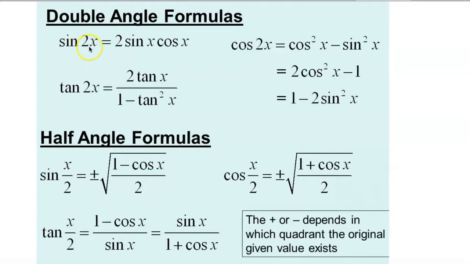Well, if a and b are the same value, if they're both x, then sine of x plus x is sine x cos x plus cos x sine x, which simplifies to here. So all I'm doing to derive these formulas is to replace a and b in the sine sum, cosine sum, and tangent sum formulas with x. Okay, so anyway, that's why there are 3 different options for cosine.